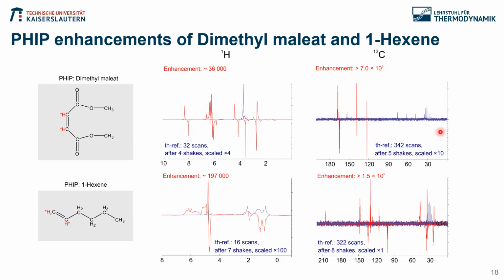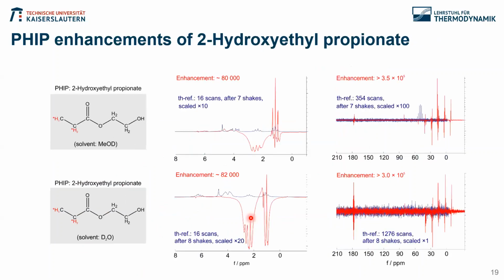The thermal reference, because it's a very diluted system, we weren't able to measure with the benchtop system anymore, and we measured that in a high field 400 megahertz system instead. Also for hexene, as everyone knows, the PHIP experiment works great, and we get also really high enhancements.